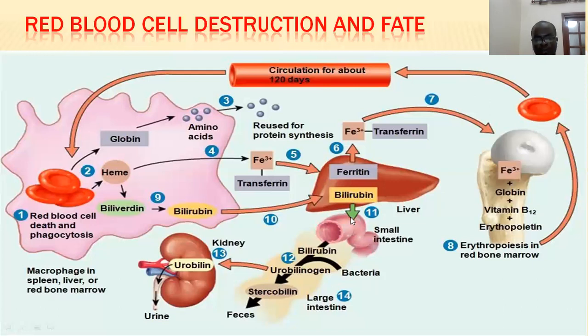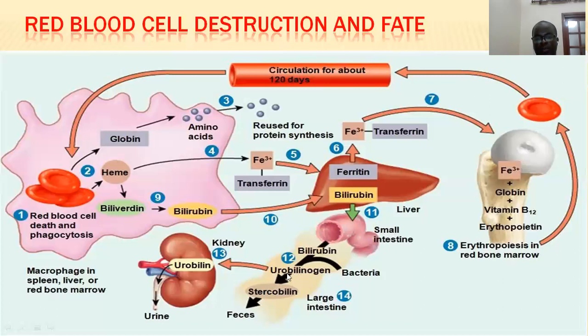Then within the intestines, you have bacteria, and the bacteria can work on bilirubin. It will convert this bilirubin into urobilinogen. Some of the urobilinogen will be converted into stercobilin, and stercobilin will be excreted as part of the fecal material. So you can see this stercobilin being released as part of the fecal material.